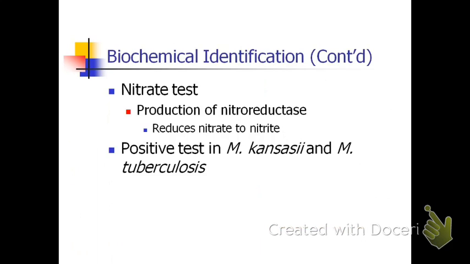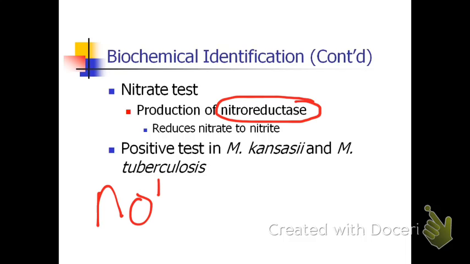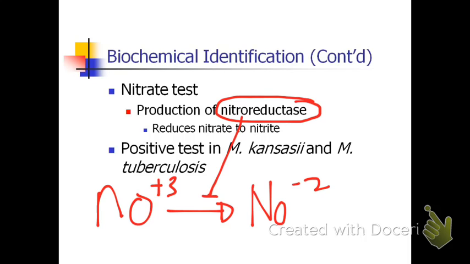Another biochemical test is the nitrate test. The nitrate test involves another enzyme, called the nitroreductase, which reduces nitrate to nitrite. This enzyme is responsible for this reduction, and it is positive for Mycobacterium kansasii and Mycobacterium tuberculosis.